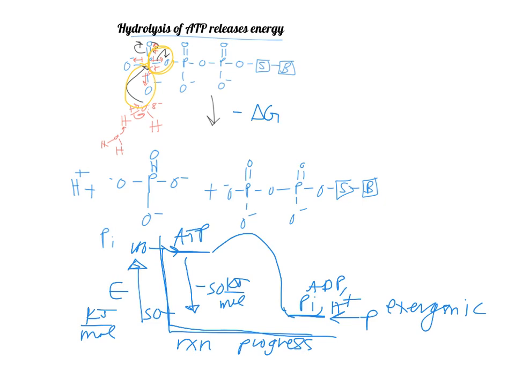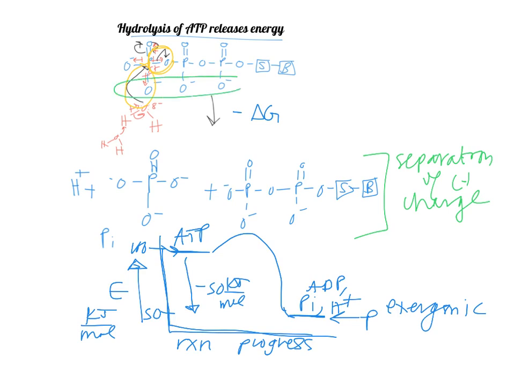So there's a few reasons. Okay, the first one is that in the products, so these are the products right here, there's a better separation of the negative charge. Okay, so if you notice in ATP, we have a lot of negative charge in a really teeny tiny space.